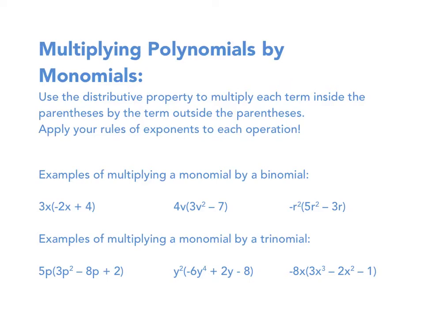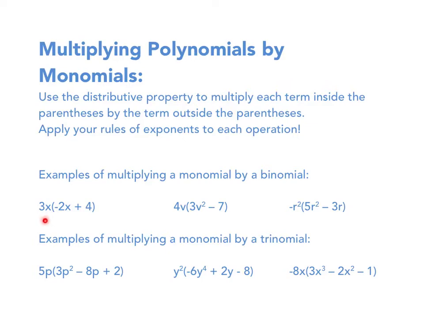Multiplying polynomials by monomials. We use the distributive property when we are multiplying each term inside the parentheses by the term outside the parentheses. And then you can just apply your rule of exponents to each operation. Now you guys know what the distributive property is.